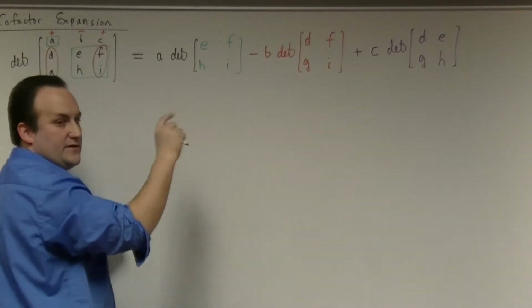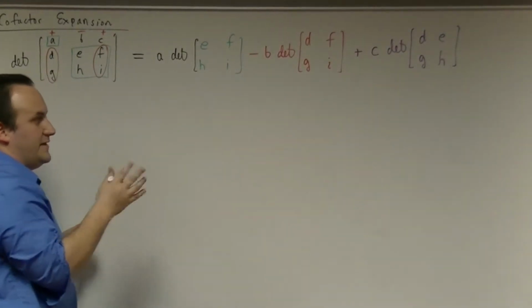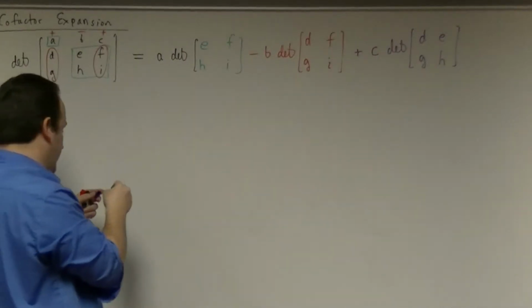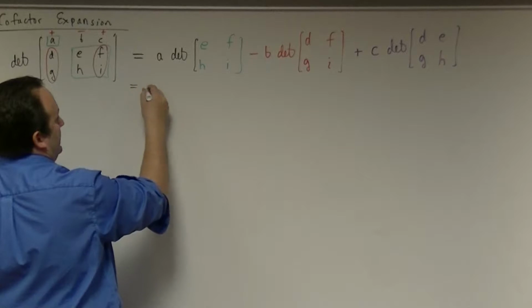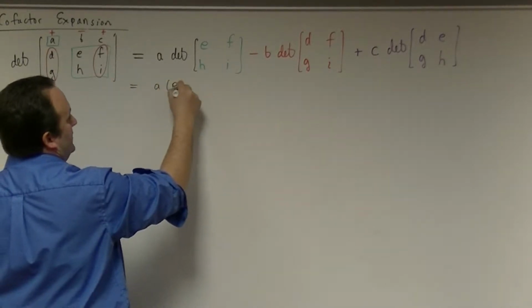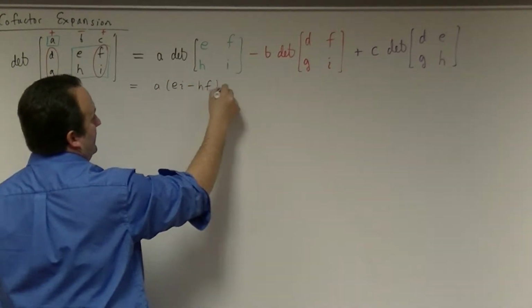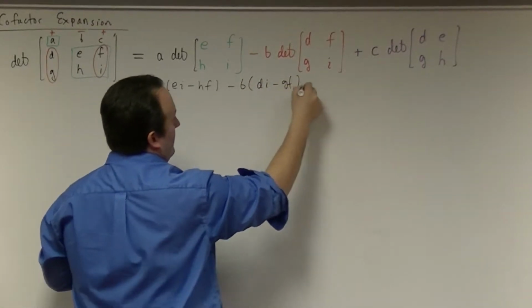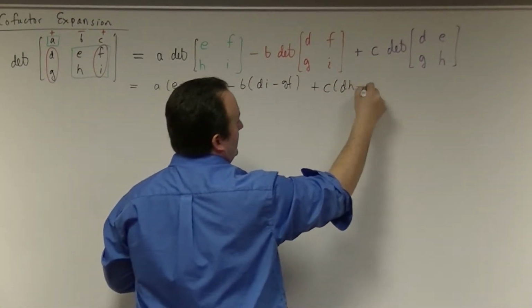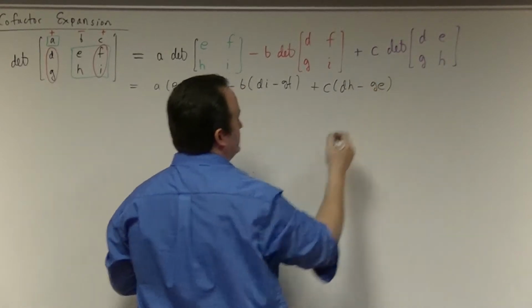And these 2 by 2 determinants, you already know how to do those, right? So I could write that out, and I will, since we're starting. So that's A times EI minus HF, minus B times DI minus GF, plus C times DH minus GE.